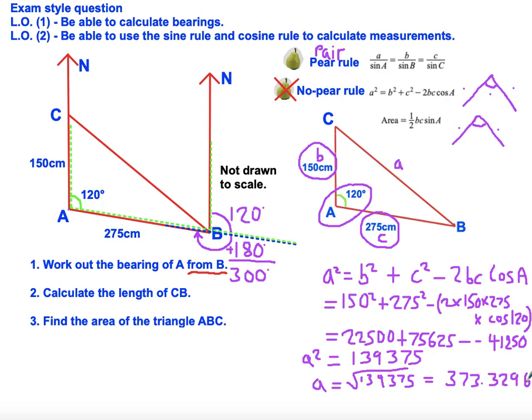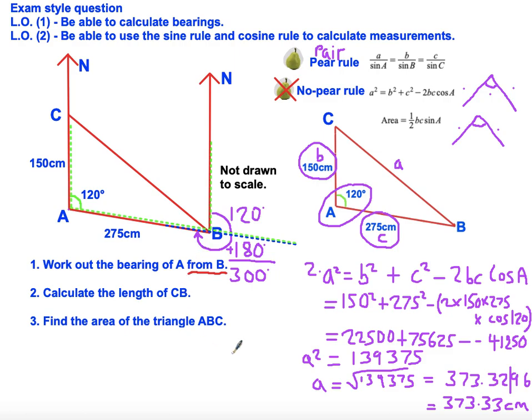Now the question might ask you to round it to 2 decimal places, in which case your length A is going to be 373.33. Don't forget your units as well, it's going to be centimetres. So that would be your answer to question 2.